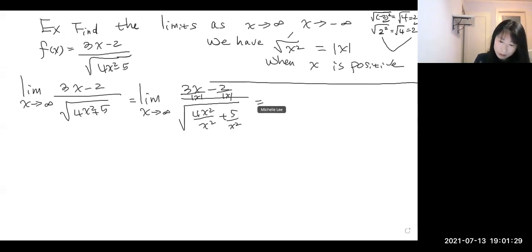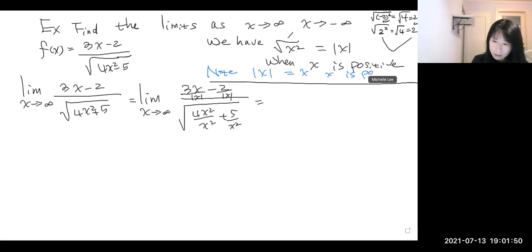Let me rewrite this one. We have x is x when x is positive, and the absolute value of x is negative x when x is negative, right? Is it okay?